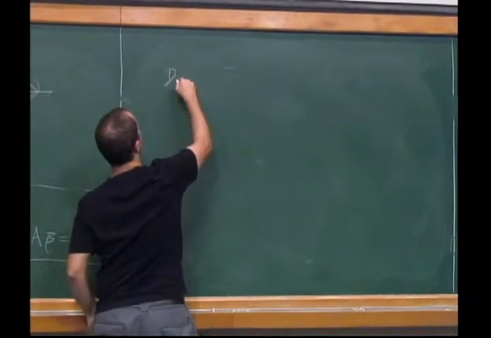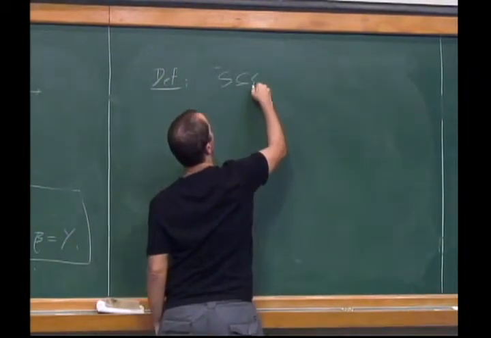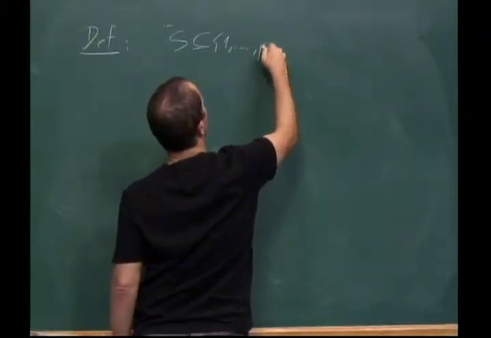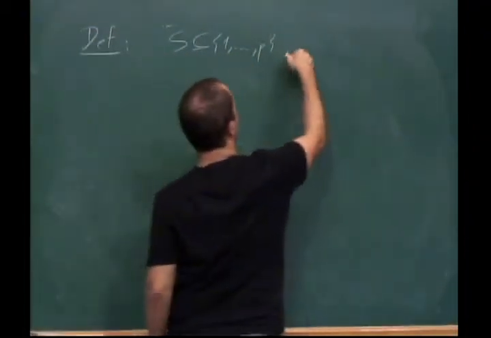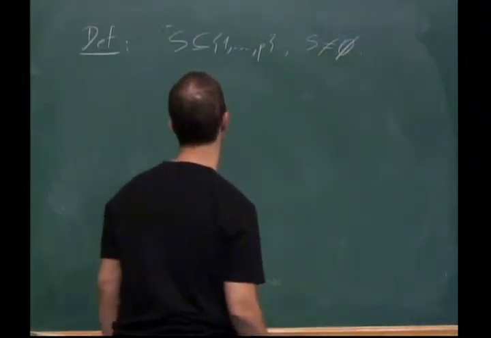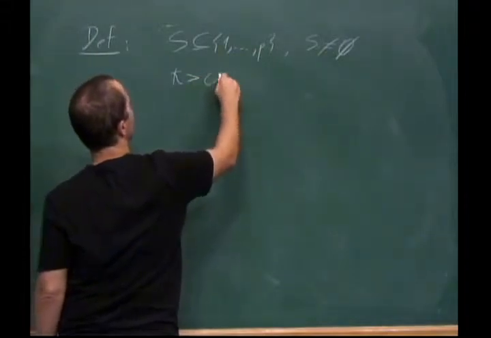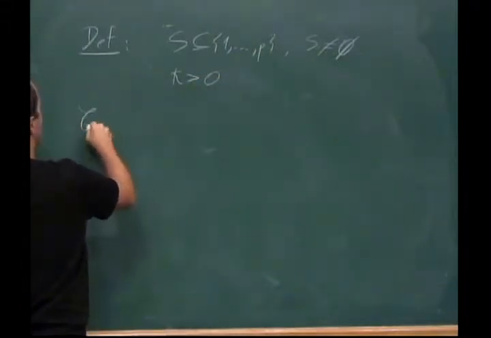So, definition: you take a subset S of the coordinates, which is non-empty. You take a number kappa greater than 0, and you define this constraint set.